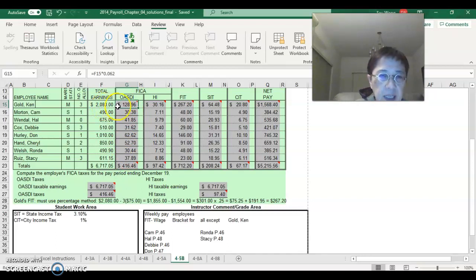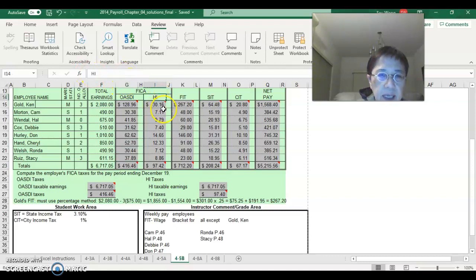Remember, the OASDI tax rate is 6.2% for the employee and 6.2% for the employer, so it's 12.4% in total. Once you get this number, you can take the little plus here and drag all the way down to G22, and then you can sum up from G15 through G22. You can see the formula here.